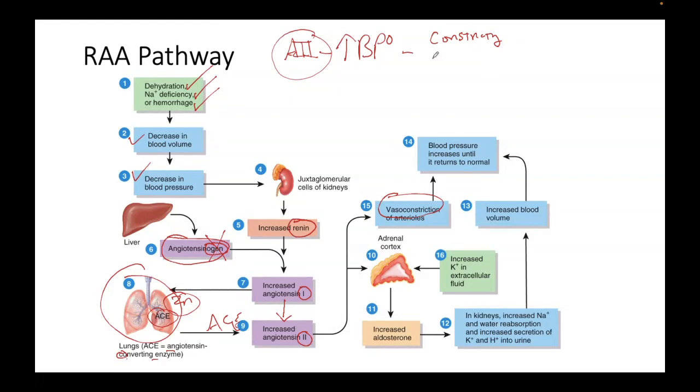It's involved in ADH and aldosterone production. It's going to be involved in salt cravings, and it's going to make you thirsty.